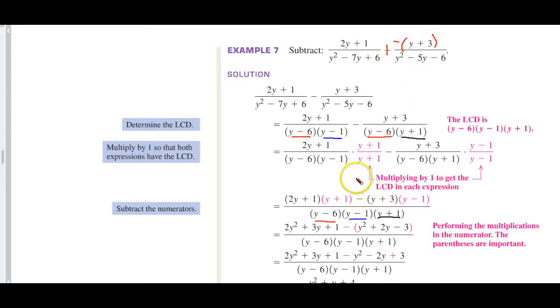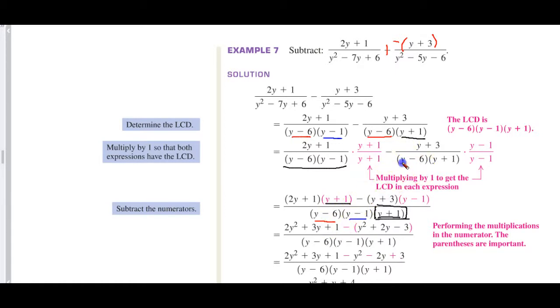Very good. Now, what we have to say, we have our new common denominator. To make this denominator this big one, what does this denominator need? Well, it needs one of these. So I'm going to multiply the 2y plus 1 by that, and that's what they're showing color coding.